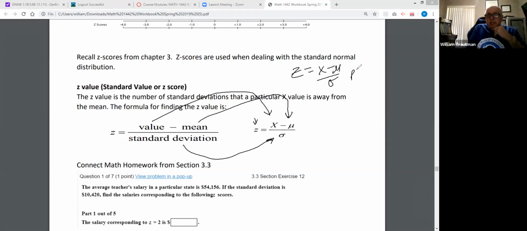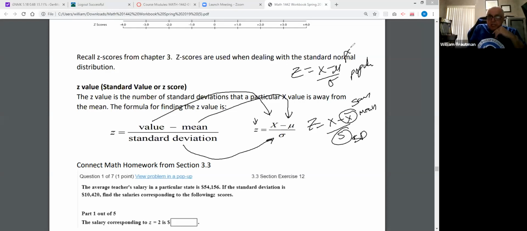By the way, this is population. If we did sample, it would look like this: x minus x bar divided by s. This is the mean for a sample, and this is the sample standard deviation.